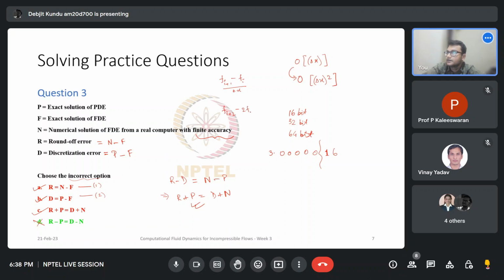So I plus one... I hope I did this correctly, but anyway. It will be 2 delta x. So this one is second order and this one is first order. We do see that the second order scheme proves better. But the added complexity is that during each calculation you have to know three terms, and for the first order one you have to deal with only two terms. So it adds a bit of complexity, but gives better results and reduces the discretization error.